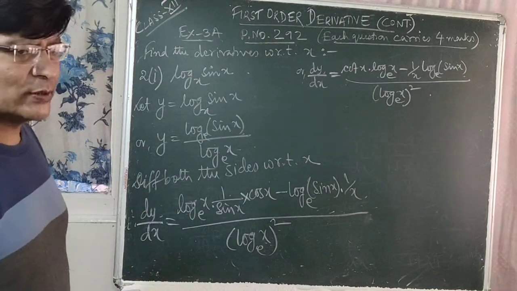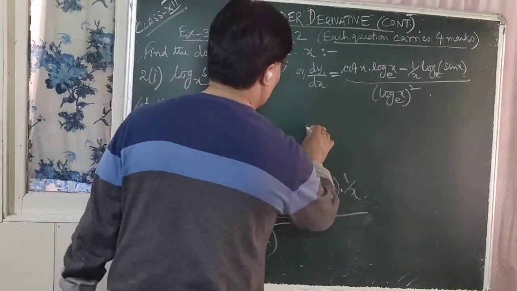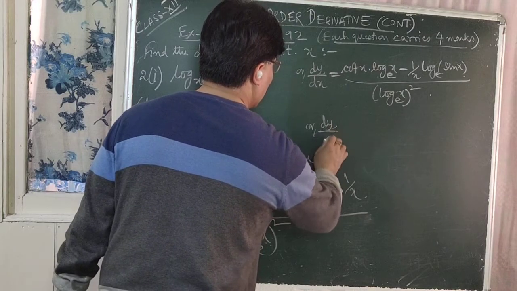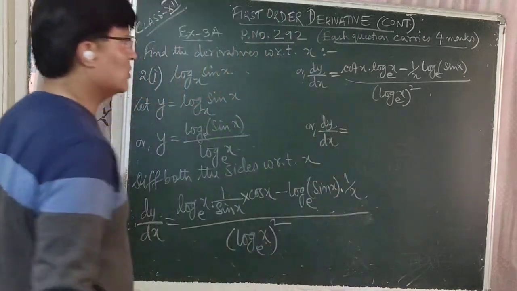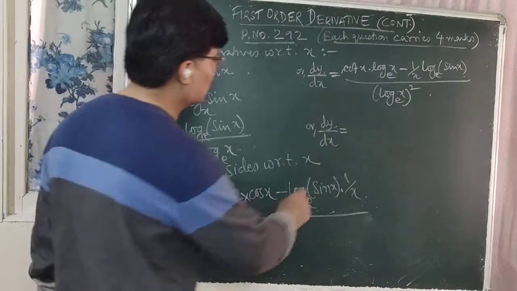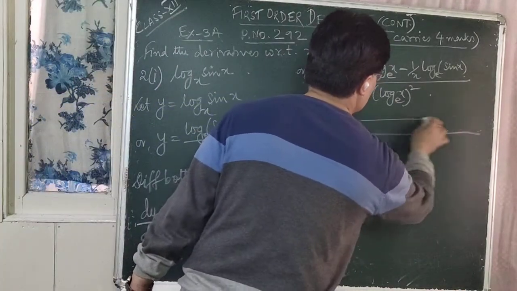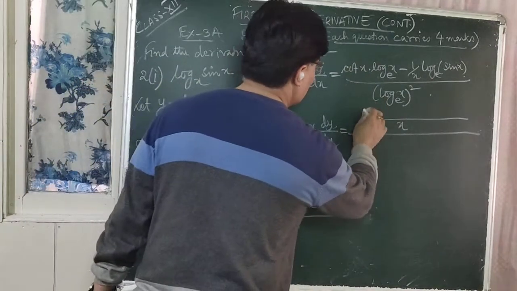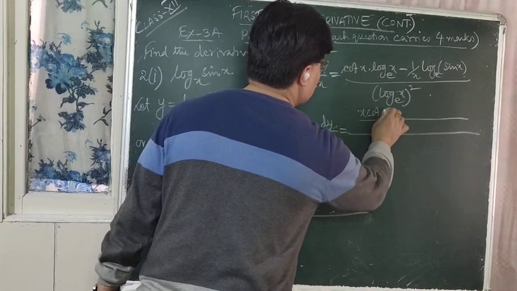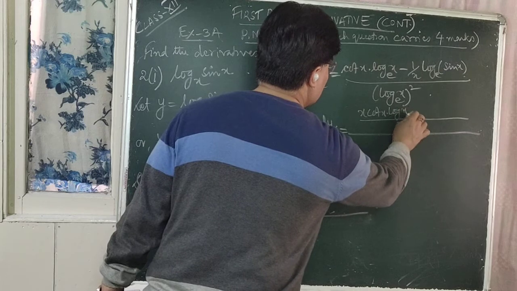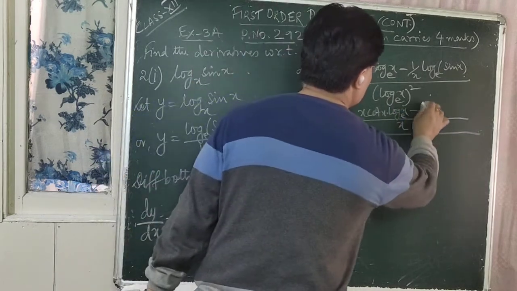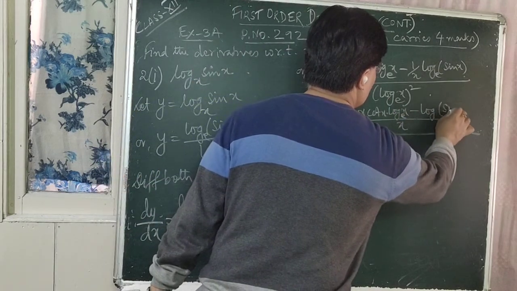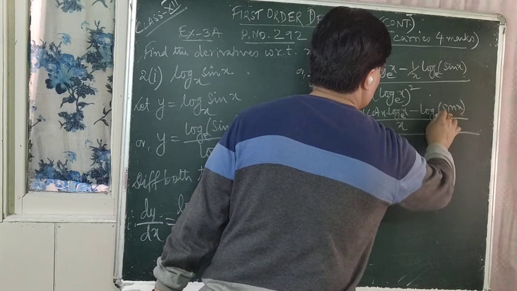Now in the numerator you can take the LCM, or dy by dx is equal to. So what's the LCM in the numerator? It is x, right? So in the numerator it will be x cot x into log x base e minus log of sin x base e.